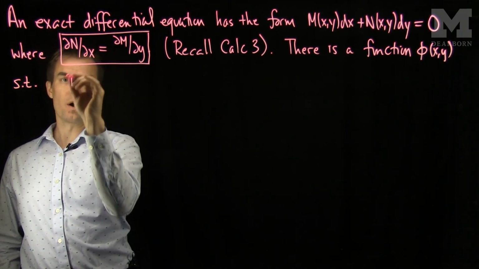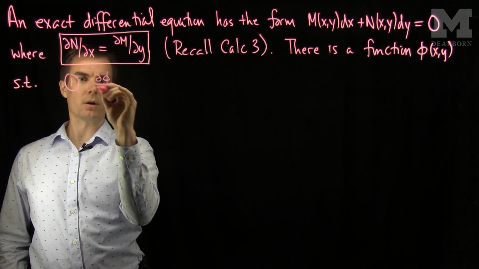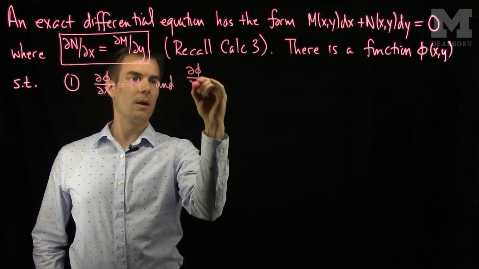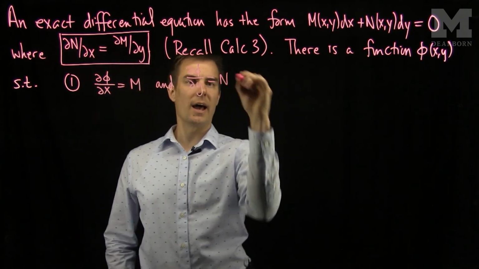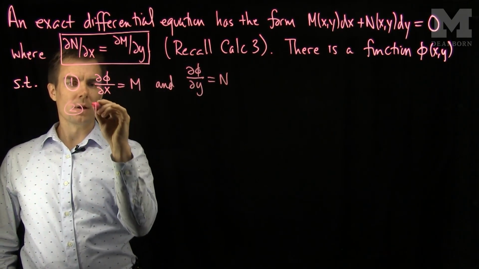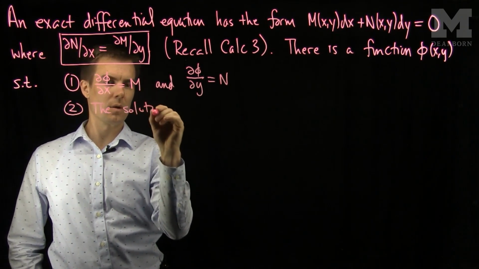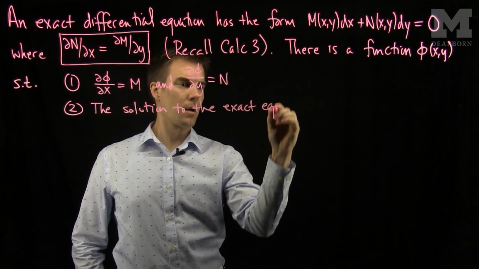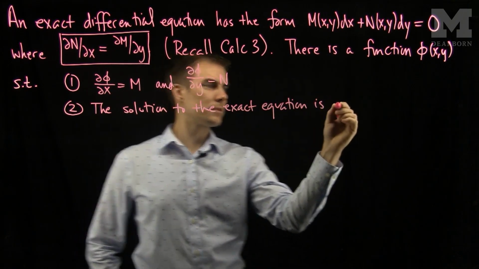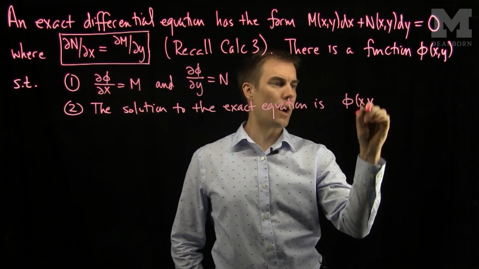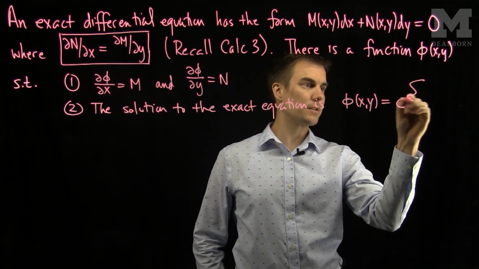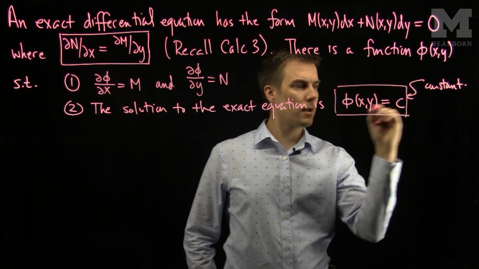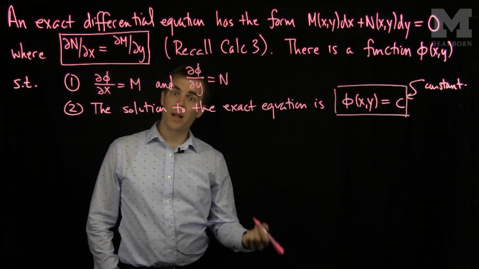One, partial phi partial x is M, and partial phi partial y equals N. And two, the solution to the exact equation is phi of x,y equals c, our constant. Let's take a look at an example and see how we can apply this method.